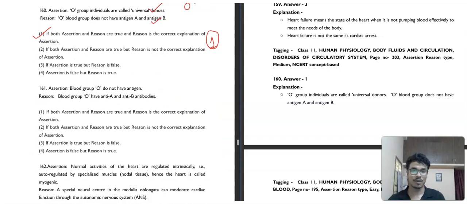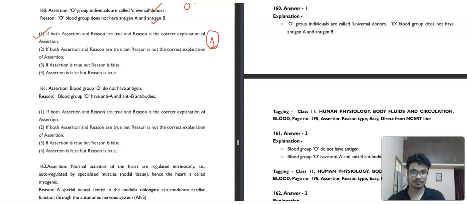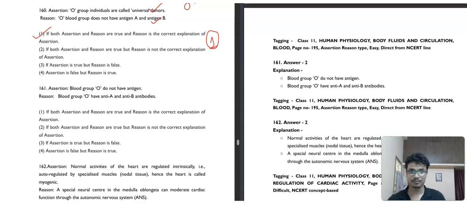Question number 161. It is saying the assertion: blood group O does not have antigen. Is it correct? Yes, blood group O doesn't have any antigen. It does have anti-A and anti-B. And the reason: blood group O has anti-A and anti-B antibodies. Okay, so these two are correct statements.